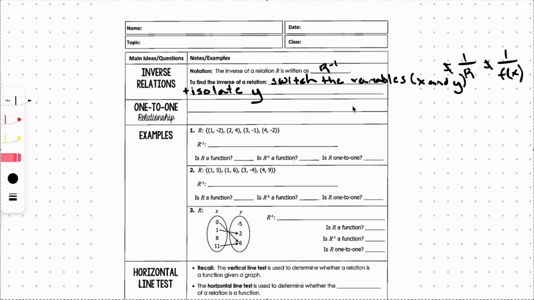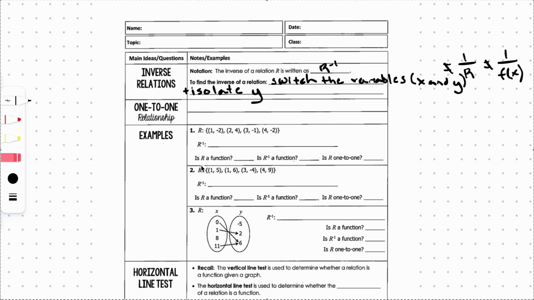Now, when we're talking about inverse functions, we also need to talk about this concept of a one-to-one relationship. A one-to-one relationship is essentially where every unique input has a unique output. A better way to say this is that there aren't two x values that produce the same y value.